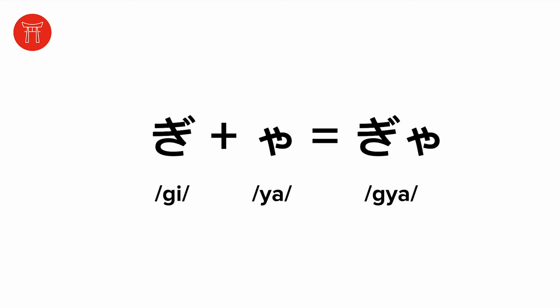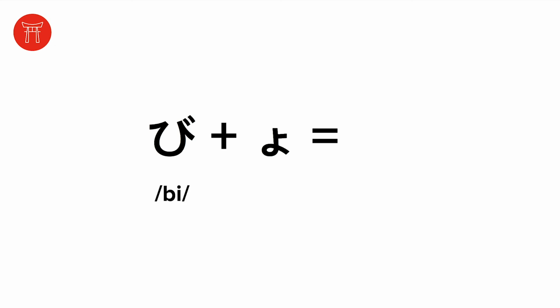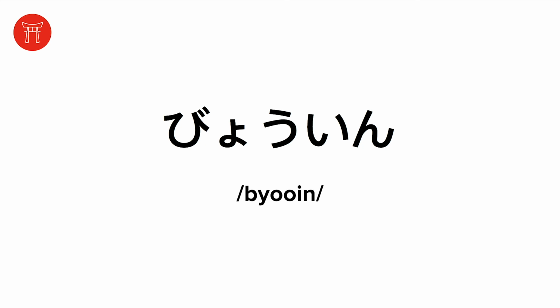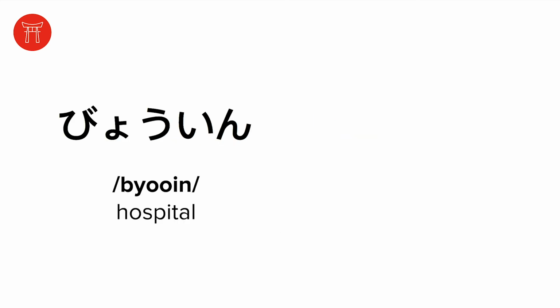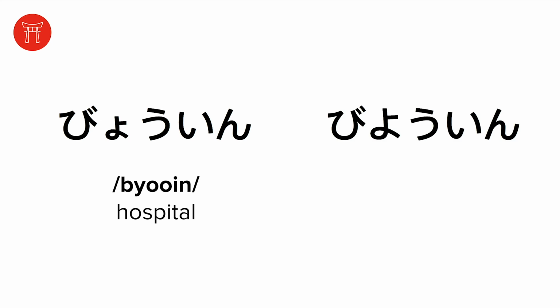Just add the small や or ゆ or よ to these voiced kana to transcribe contracted sounds. For example, we start with び and add a small よ to get びょ. It appears in this word. 病院, a hospital. It's important to get the contracted sound part right because without it, 美容院 means a hair salon, a totally different facility.